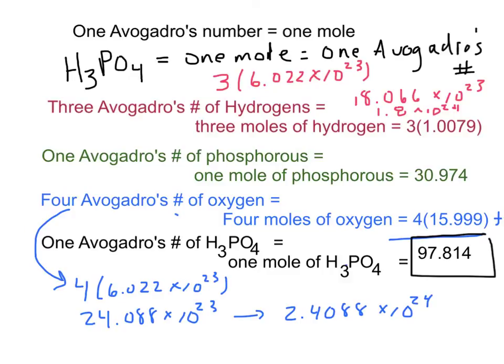So you can really quickly do that. So don't let them throw you off by saying, okay, if I have 1 Avogadro's number of phosphoric acid, which H3PO4 is, how many Avogadro's numbers of oxygen do I have? You're just looking at the subscript and multiplying Avogadro's number by it.